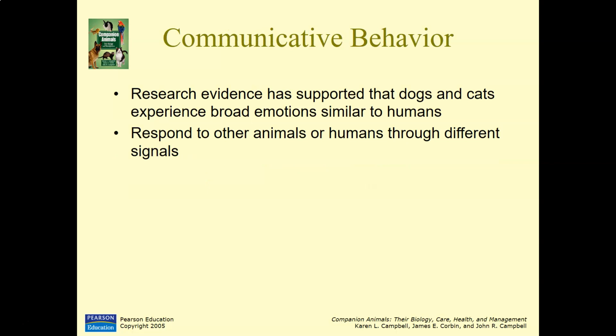Okay, so communicative behavior. We're going to get into this even more, the different types of communication, but basically researchers believe that dogs and cats have very similar types of emotion to humans, and they're going to react in different ways to different emotions, and respond through different signals.